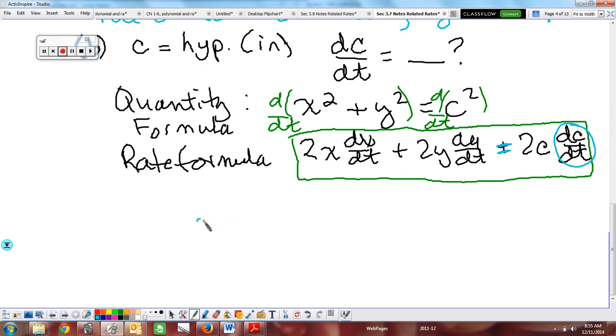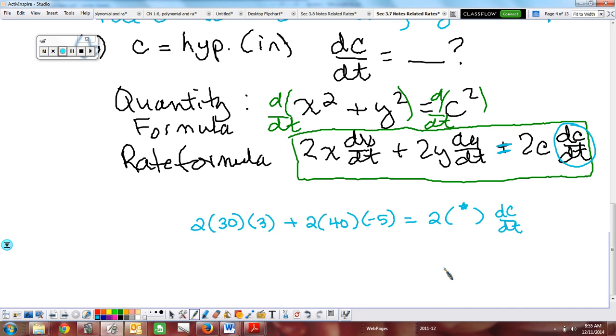So we plug in everything we know. 2 times the x, which was 30, times the dx/dt, which was 3, plus 2 times the y, which was 40, times the dy/dt, which was minus 5, equals 2 times, oh, wait a minute, I have a problem. I'm trying to find dc/dt, but let's put a little star right there. I don't have a c to plug in.